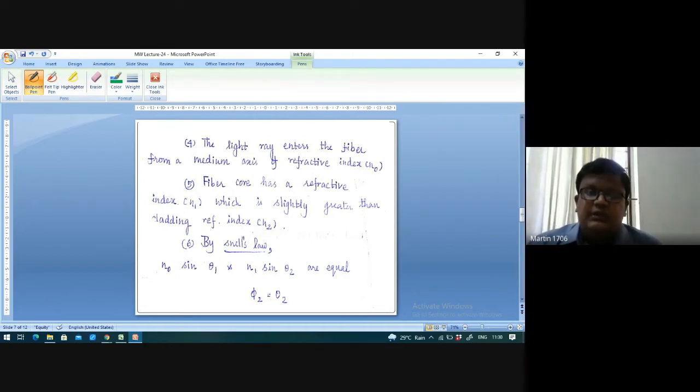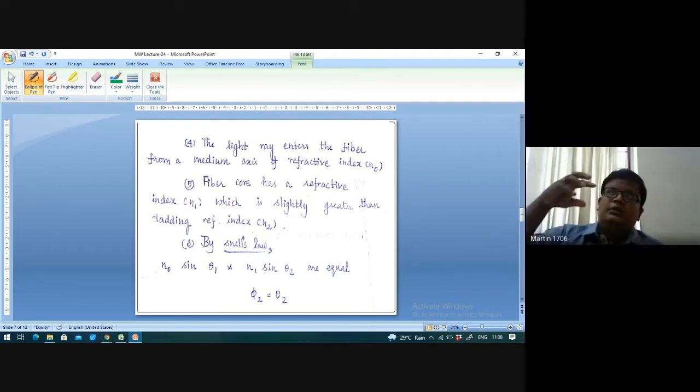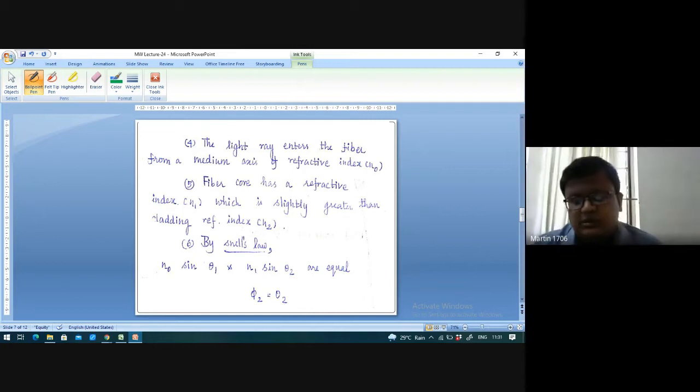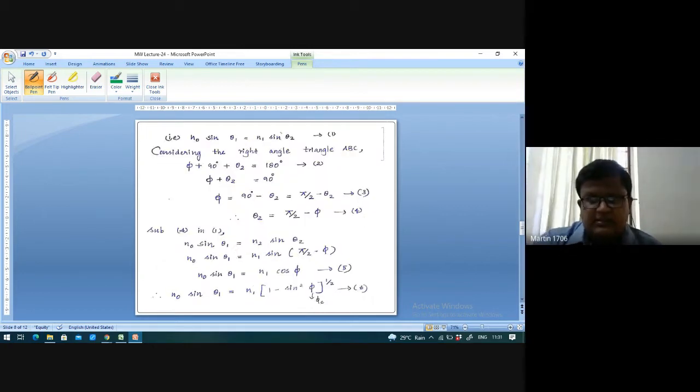These two are equal. Why? When the energy is going inside the fiber medium, the two are equal by Snell's law. This is applied in the Snell's law equations only.